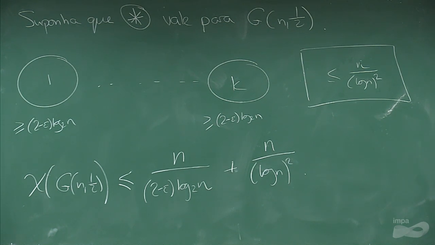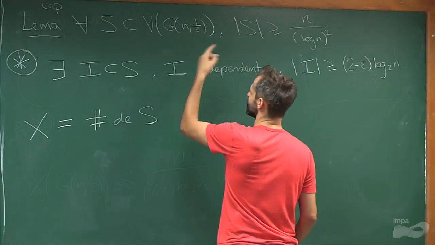So let x equal the number of sets S which fail the property.